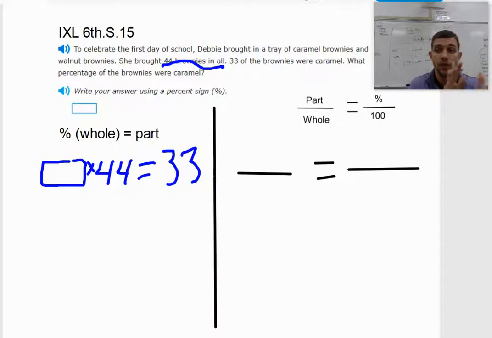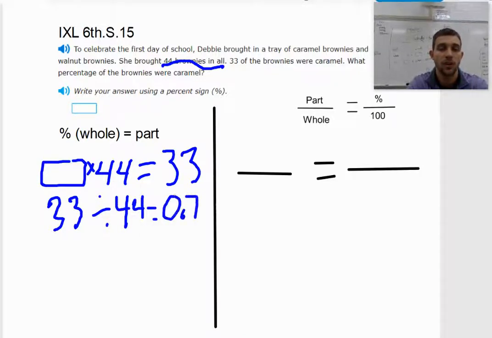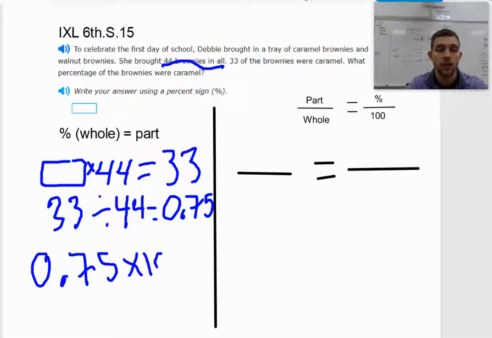And so to reverse that, go backwards, we divide, and we take 33 divided by 44, and we get 0.75. Interesting that it's the same as the last problem. And then, to find our percent, because that's the decimal version, we take 0.75 times 100, and that should give us 75%.